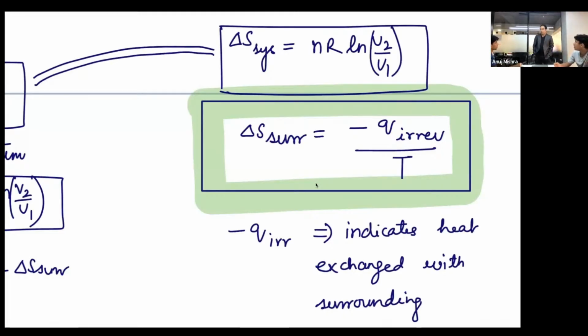Minus P external V2 minus V1 is the work done. You can put that value, right? Solve the numbers, so you get minus nRT and then 9 by 10. LN कहाँ से आ रहा है? अभी LN क्यों आ रहा है?